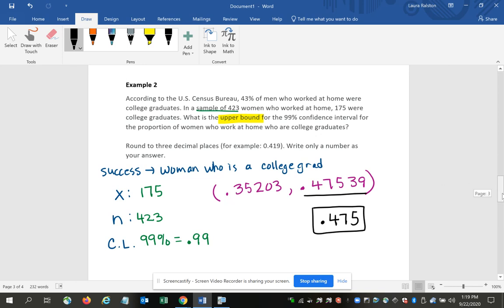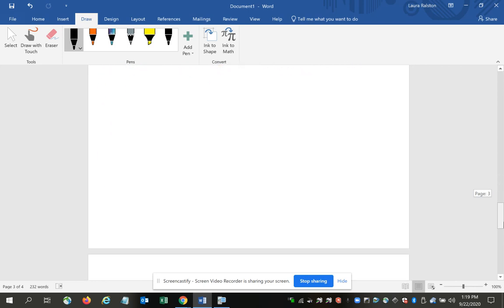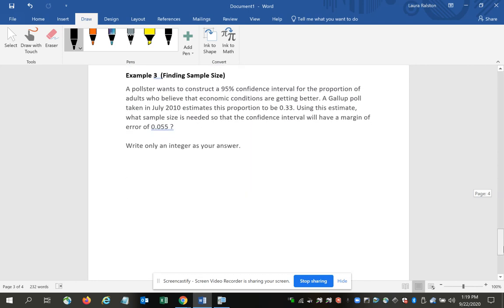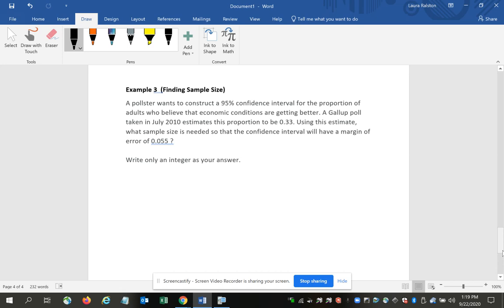Another question that you encounter in the lesson for proportions is figuring the sample size. How many would you need to sample in order to have a specific margin of error? And guys, this is a formula. It's something that you do have to actually calculate by hand. The formula is on the lesson 18 notes, but I'm going to write it here.